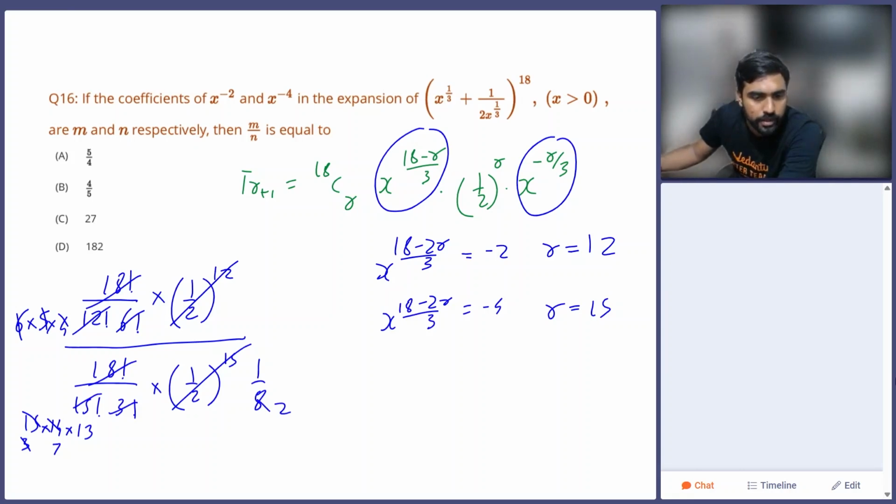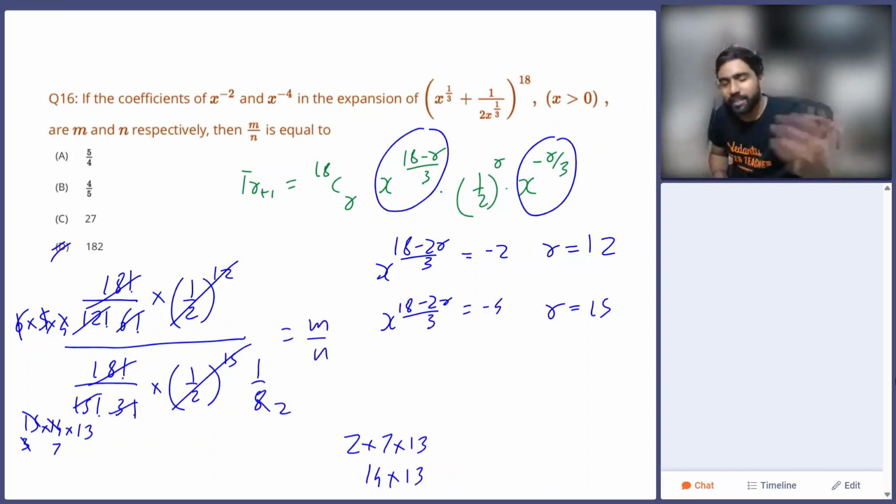So what are we left with? I'm left with 2 into 7 into 13, that's 14 times 13, which is equal to 182. 182 should be the value of m by n. 182 will be the final value of m by n.